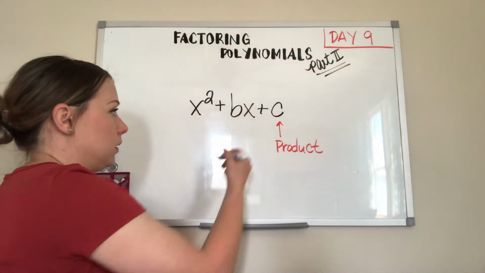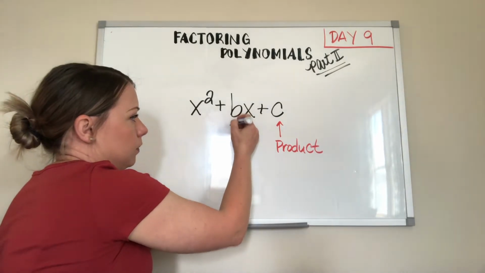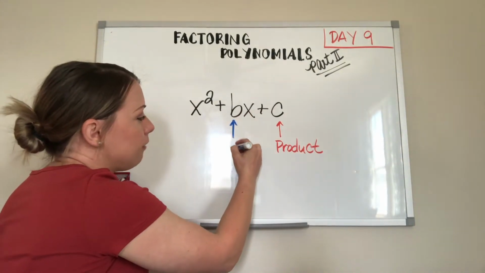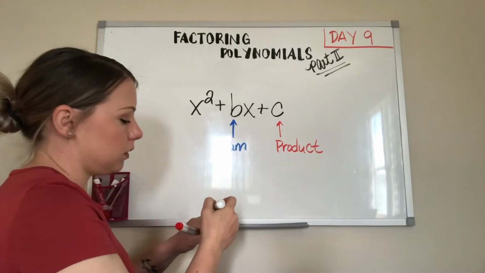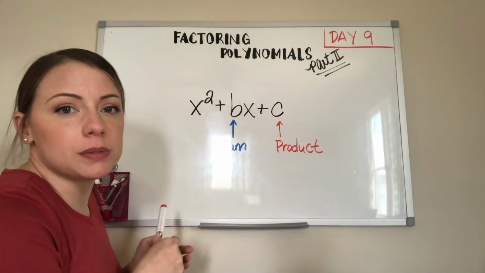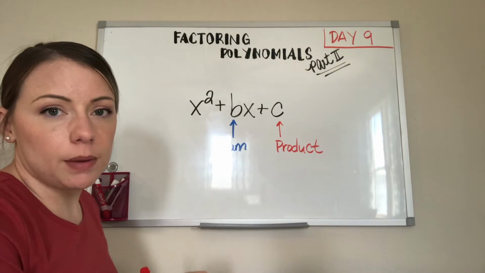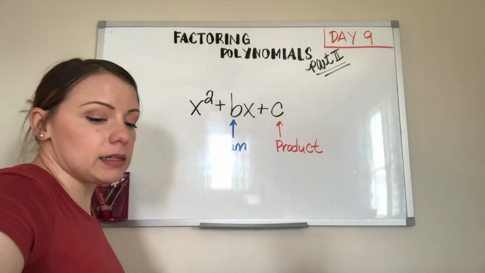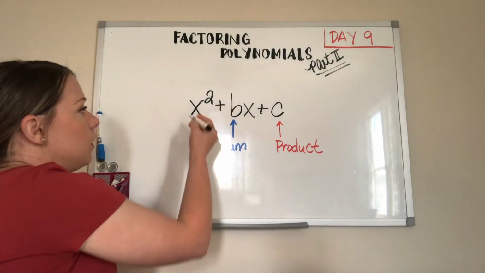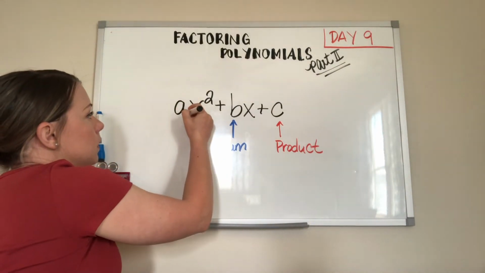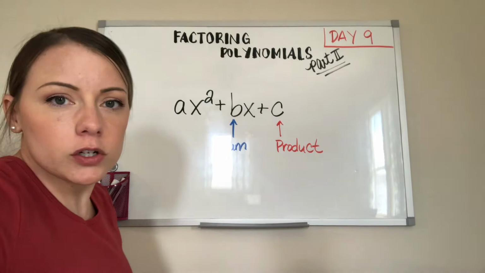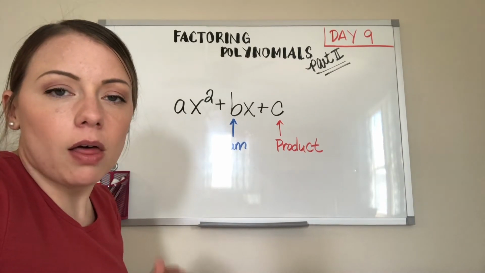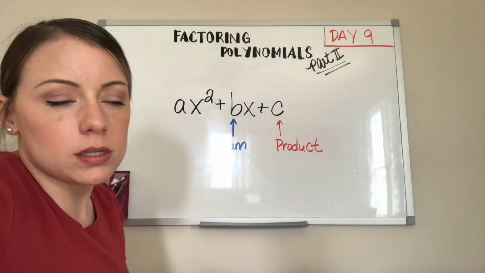And then we learned that B was created after some things were multiplied, but more specifically, it was a sum of some factors. In this lesson, we're going to have a coefficient in front of our very first term. And we also need to consider how that coefficient is made.